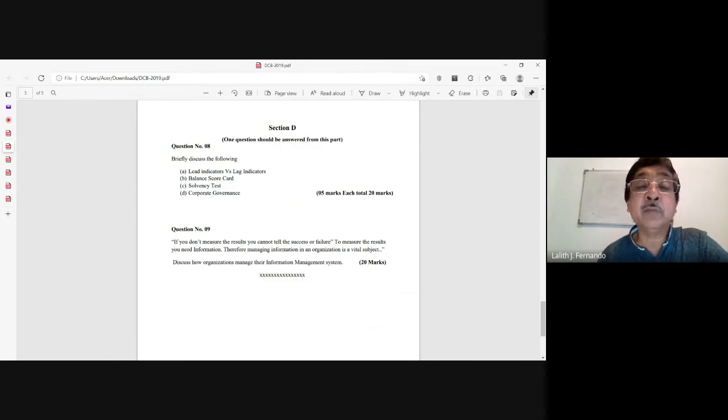Right, now just see section D, question number 8. There you have lead indicators versus lag indicators, balance scorecard, solvency test, corporate governance.